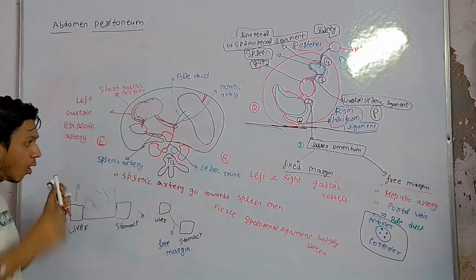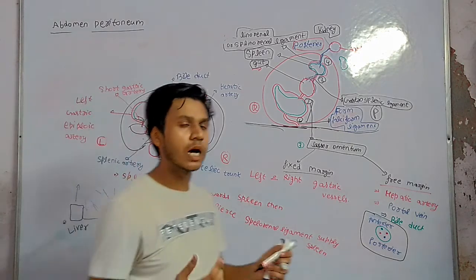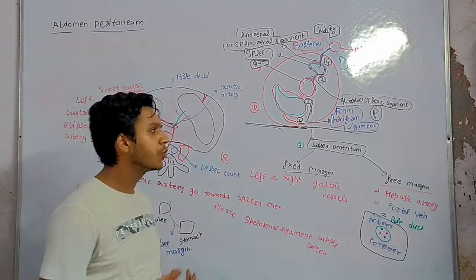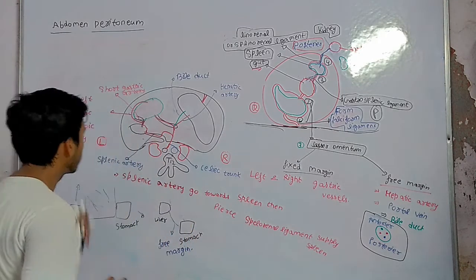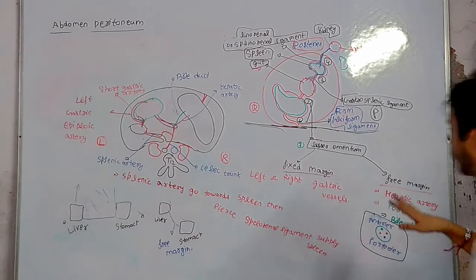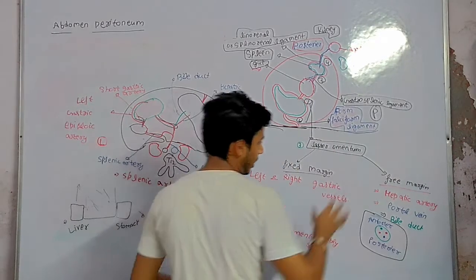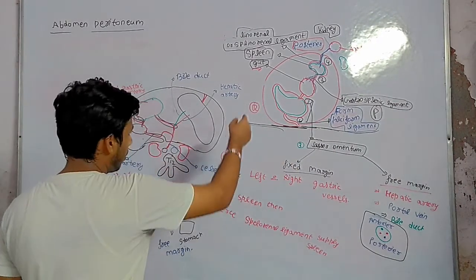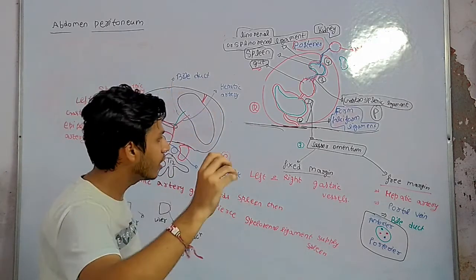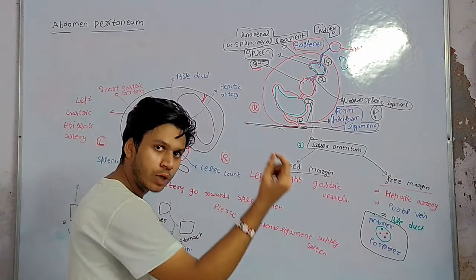Now we will cover the types of organs according to this fold: intraperitoneal, retroperitoneal, secondary peritoneal. Done. First note this. One important point is that the free margin and fixed margin also have other names. The free margin is attached to the liver and then goes to the duodenum.